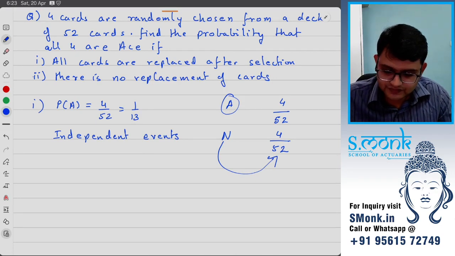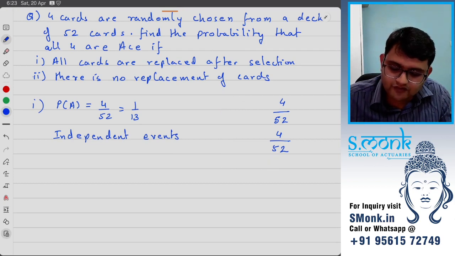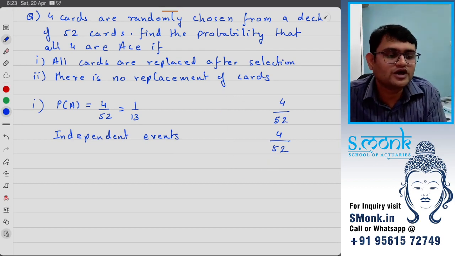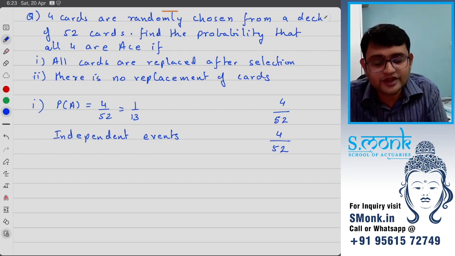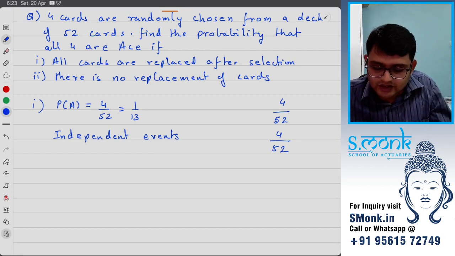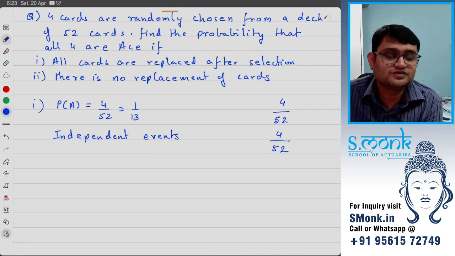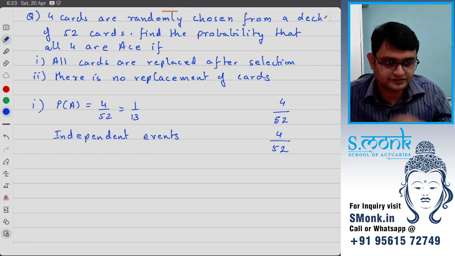It will always be 4 by 52 irrespective of what I got in the first selection, second selection and so on. The probability will remain the same because I have 4 aces out of 52 cards before every selection.